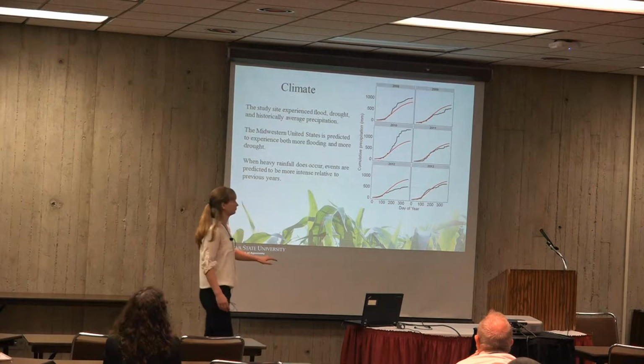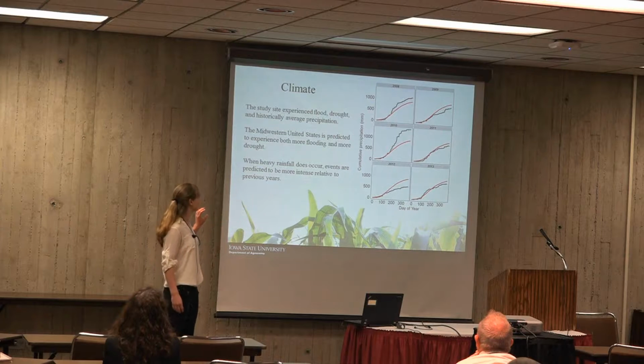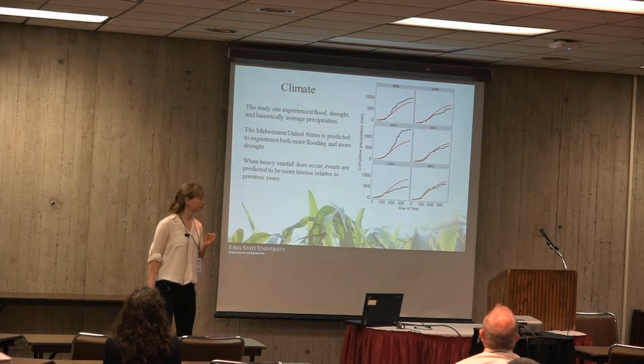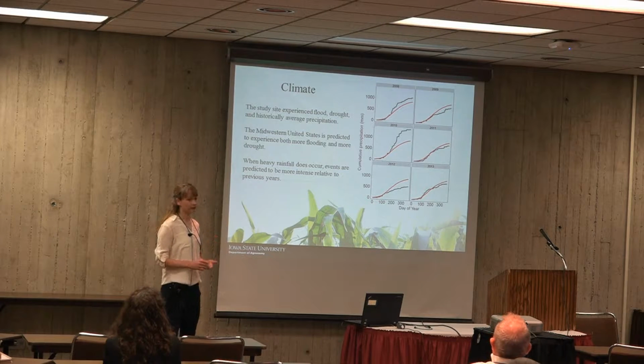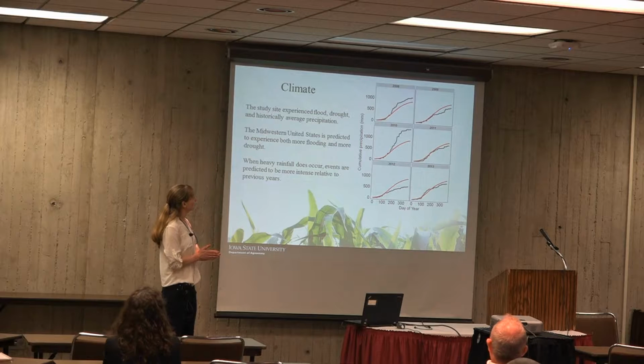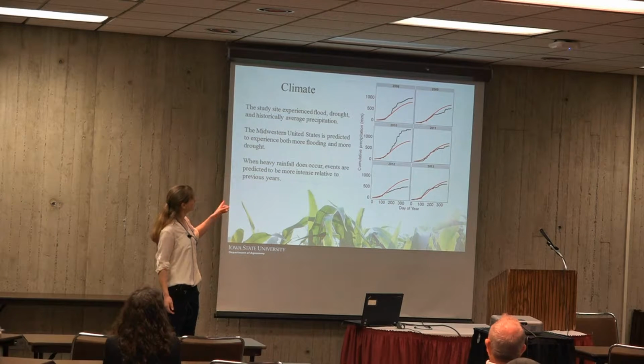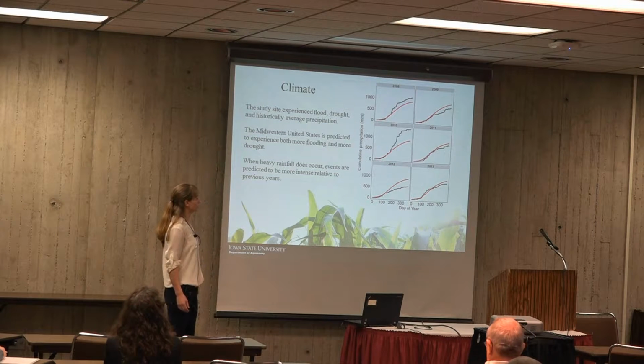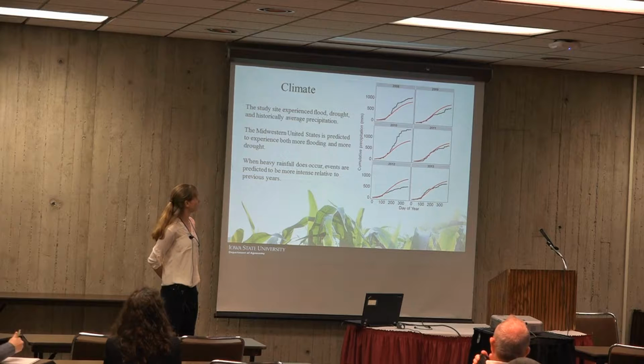So you might have noticed already from that tile drainage graph, over these 6 years, we had a lot of weather variability. We had flooding, we had drought, and we had years that were just historically average. So the red line in these figures is the historical average of the last 30 years, where we would expect precipitation to be, and then the black line is what actually happened that year.